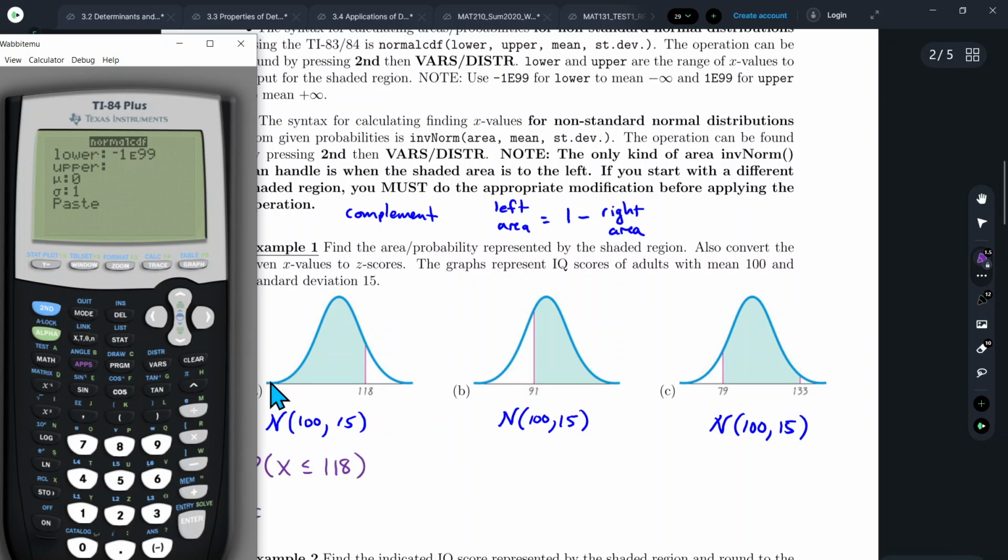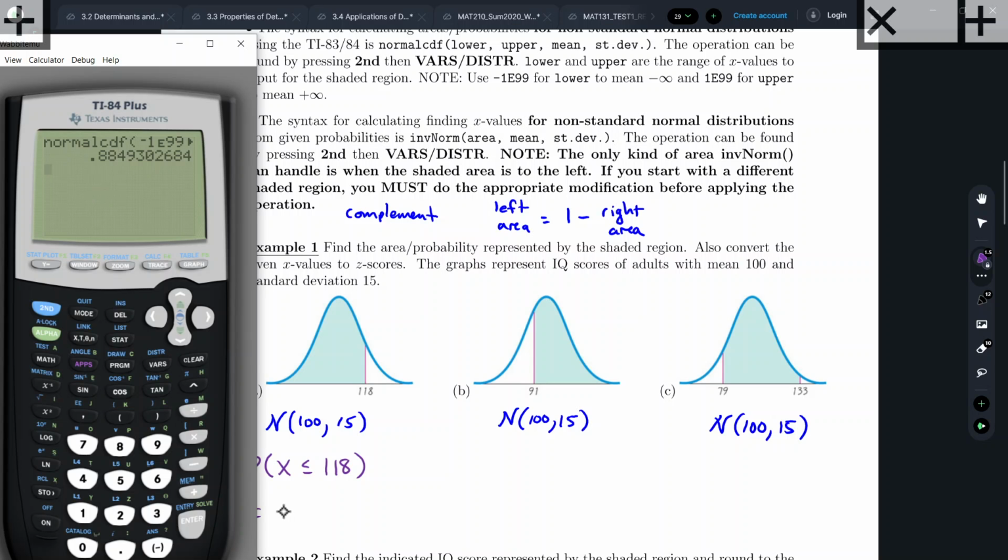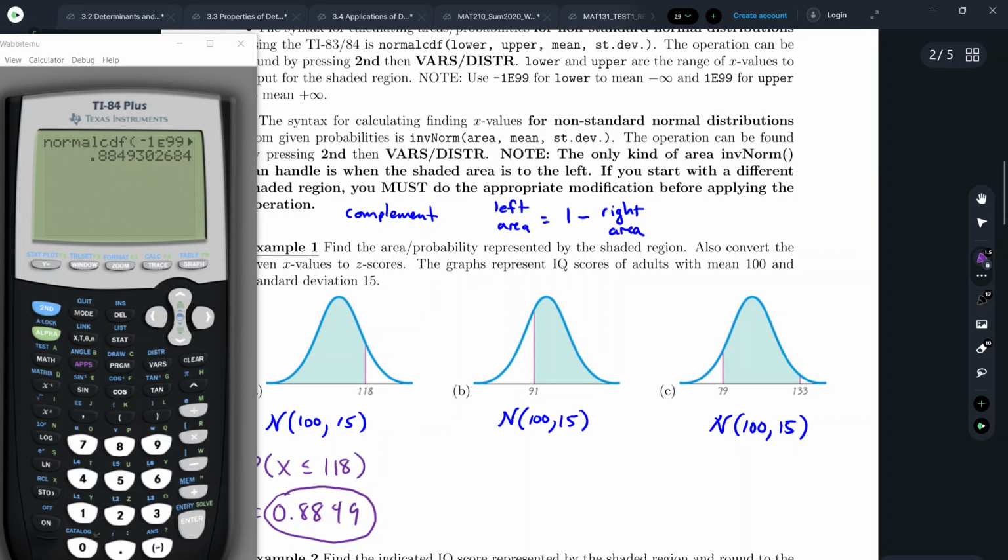So the left end goes to -infinity, so we enter -1E99. The upper bound would be 118. The mean is 100, and the standard deviation is 15. Okay, so we get 0.8849 as the probability.